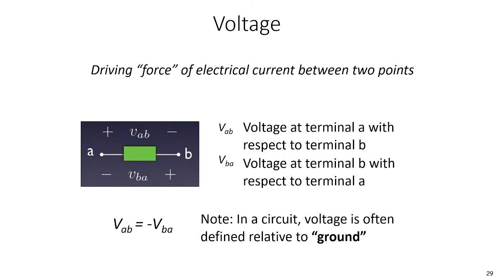If I say VAB, it means positive on node A and negative on node B. So VAB is the voltage at terminal A with respect to terminal B, and VBA is B with respect to A. Similarly, VAB equals minus VBA.